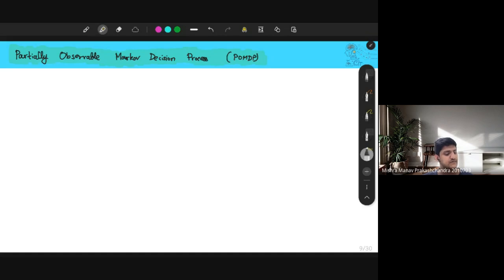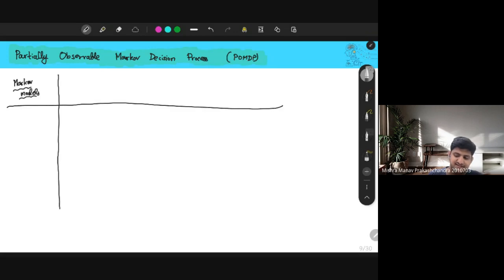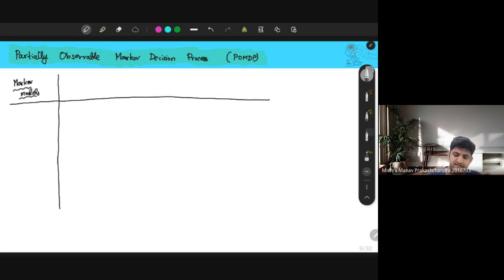So first I should draw this table. If I were to define the Markov models, there are four ways I can categorize them. Firstly, do we have control over the state transition?